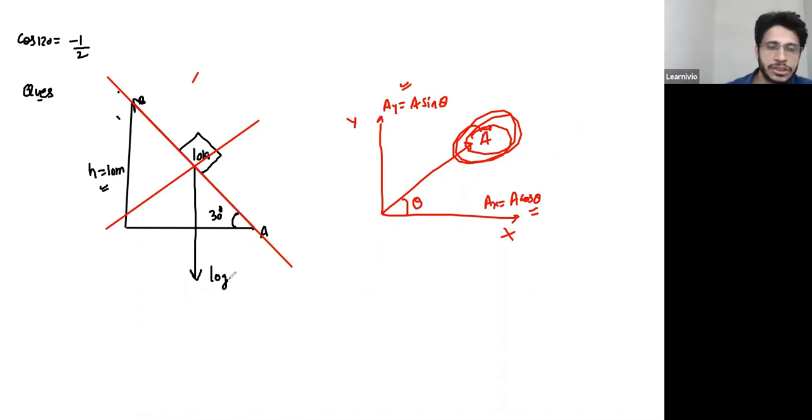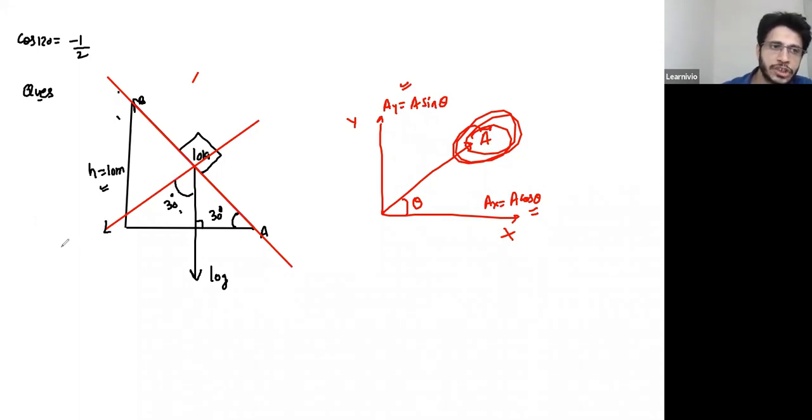Similarly, if this 10g is acting in downwards direction, this angle is theta, this is 90, this is 60, and this will be 30 degree. I don't need this 60 degree angle, so I'm removing it. Is this 30 degree clear? Now this 10g is making an angle 30 degree with this direction.